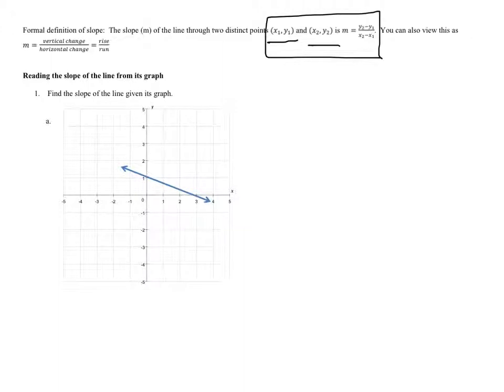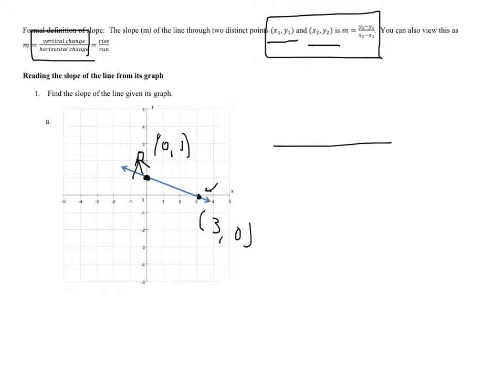So now I'm going to identify 2 points on this graph. Here's this one. This is the point (0, 1), and this one, which is the point (3, 0). So what I want to do is start here and go here. So again, it's vertical change over horizontal change.